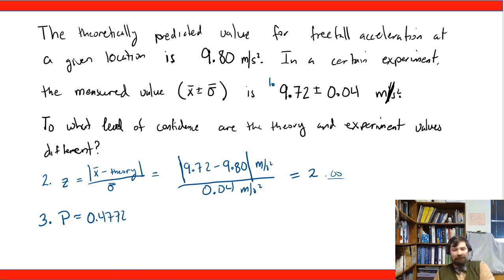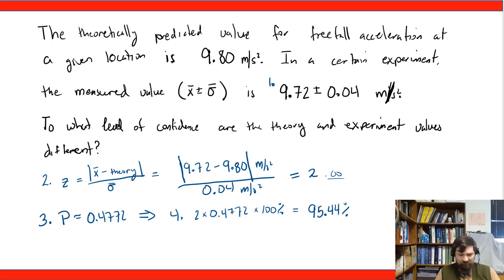Okay, so we just found that P is 0.4772. So that means that the confidence interval is 2 times 0.4772 converted over to a percentage, and that ends up being 95.44%.